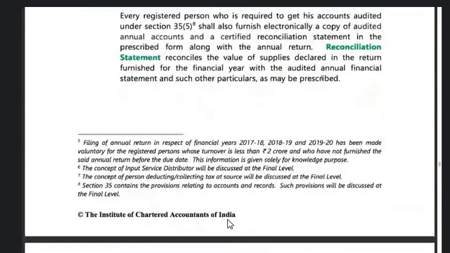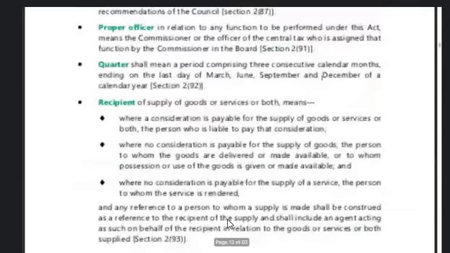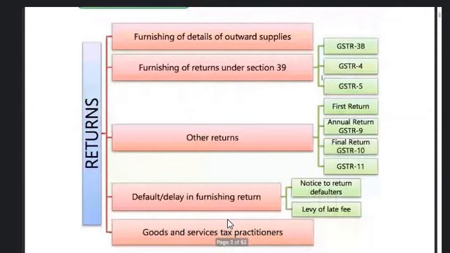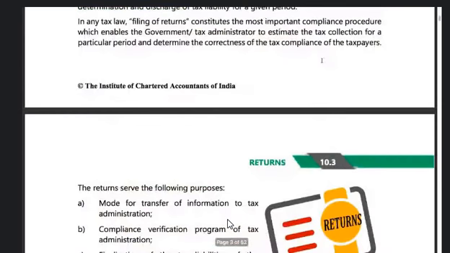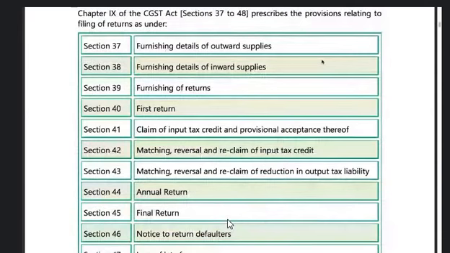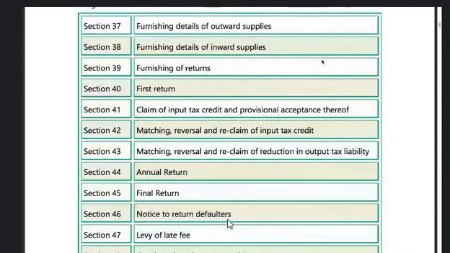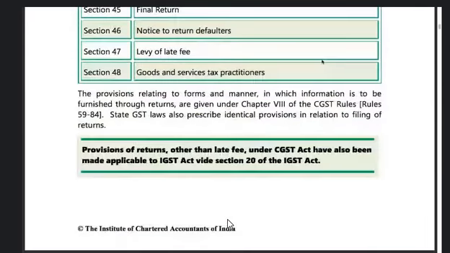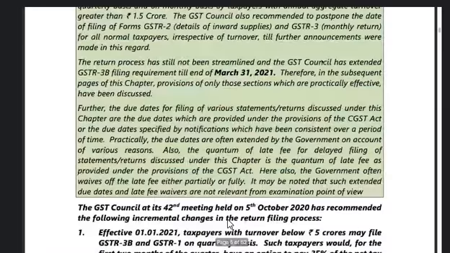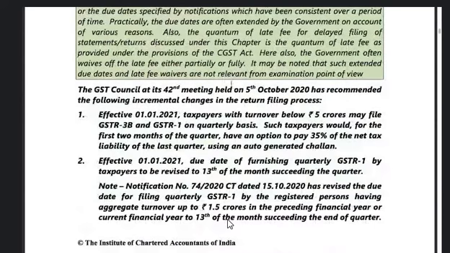Presently, there is an option of quarterly return filing, but there are certain conditions to it. On 5th October, the council recommended that a quarterly return filing procedure be introduced, which will be effective from 1st January 2021.